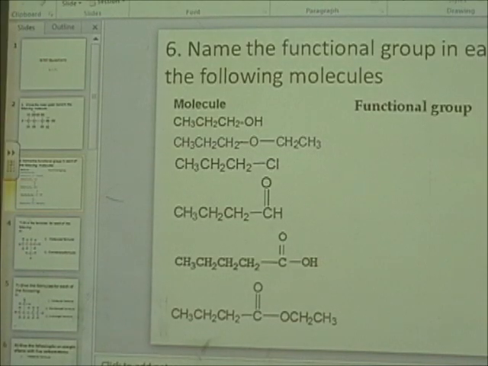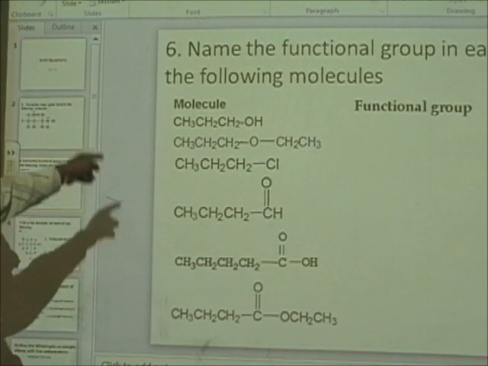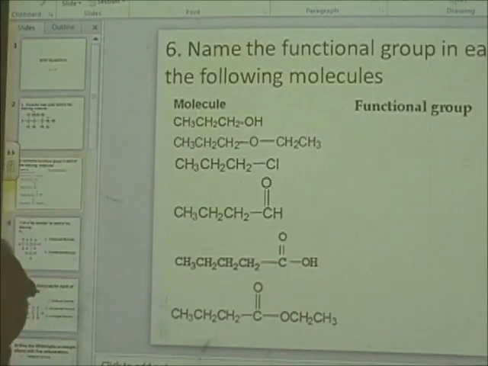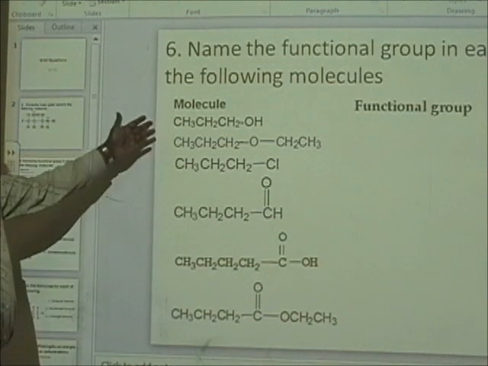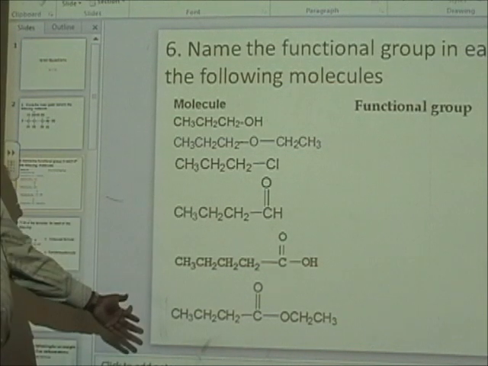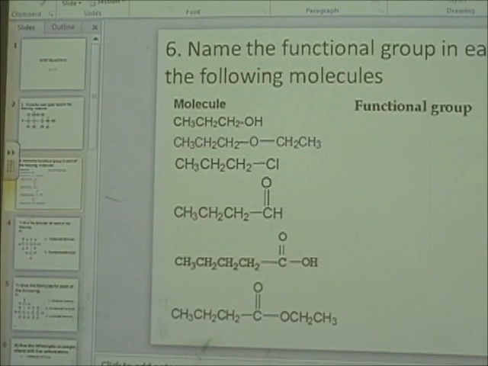What we're going to do here is first look at the different derivatives of hydrocarbons. They are organic compounds coming from substituting a hydrogen on a hydrocarbon chain.